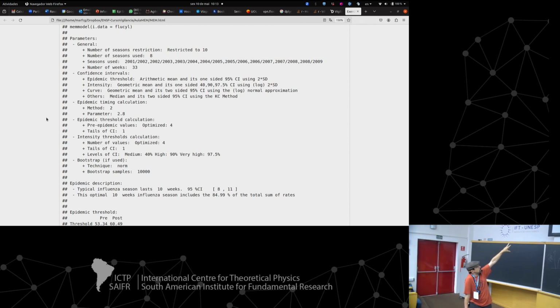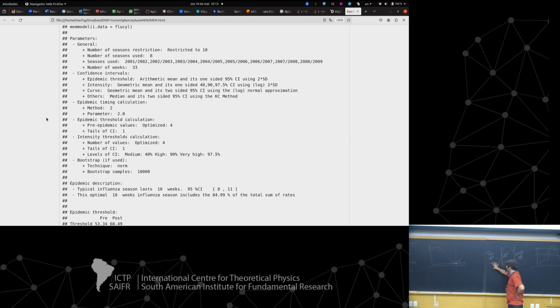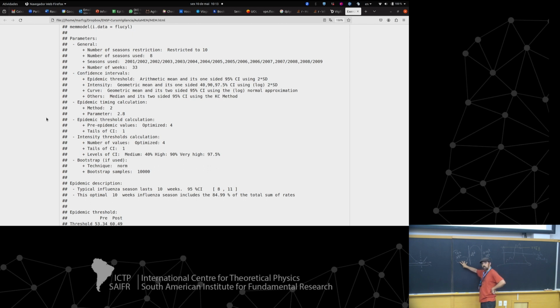Now, how the confidence intervals were calculated or estimated for each of the thresholds, because remember, again, we are always going back to constructing a distribution of observations, and from those observations, estimating outliers or cutting points, right?